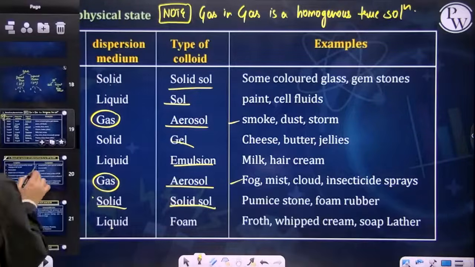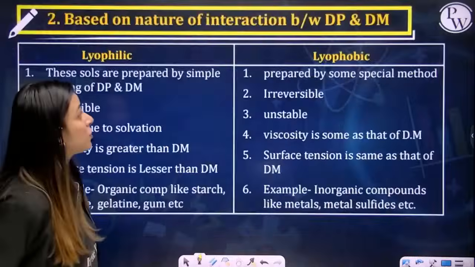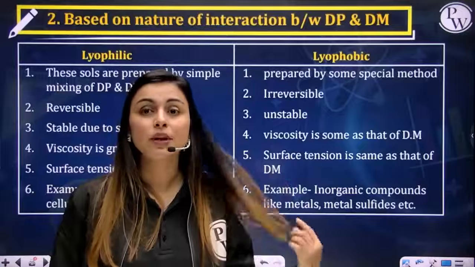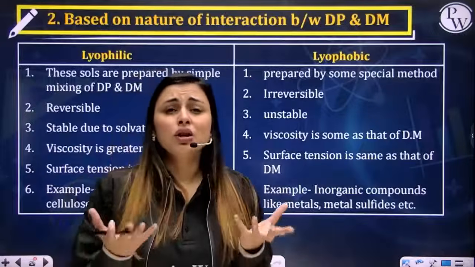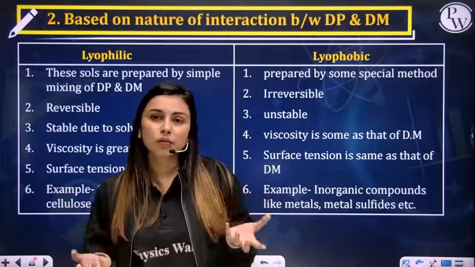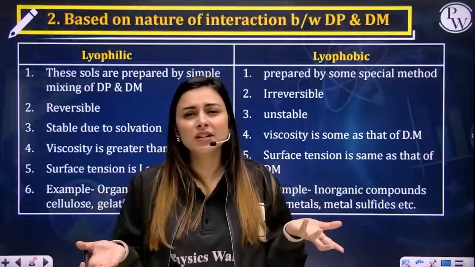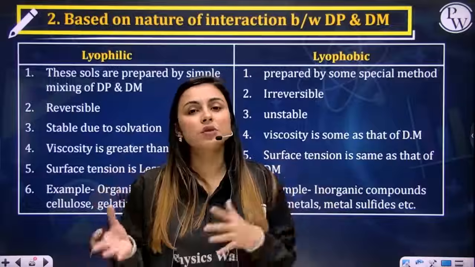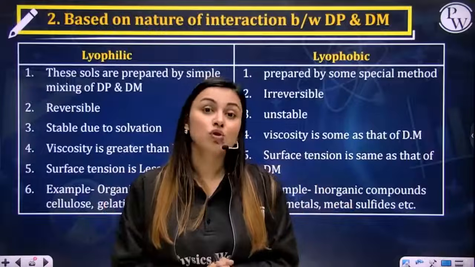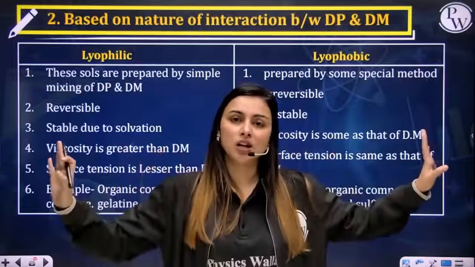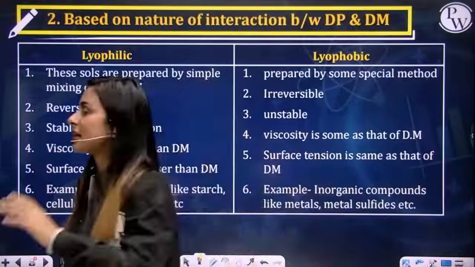Now, next is the classification based on the interaction between your dispersed phase and dispersed medium. Okay. Now, either your dispersed phase and dispersed medium would like each other, or they might not like each other, right? Yes, these are the two possibilities which can take place. Either dispersed phase and dispersed medium have a good interaction, or they will be different, they will repel each other. Okay, these are the two cases, we'll discuss them.